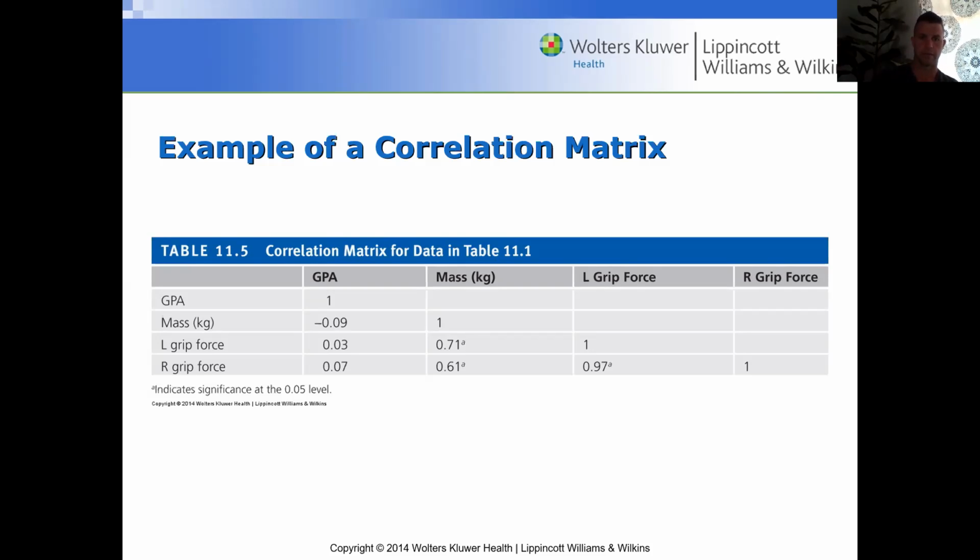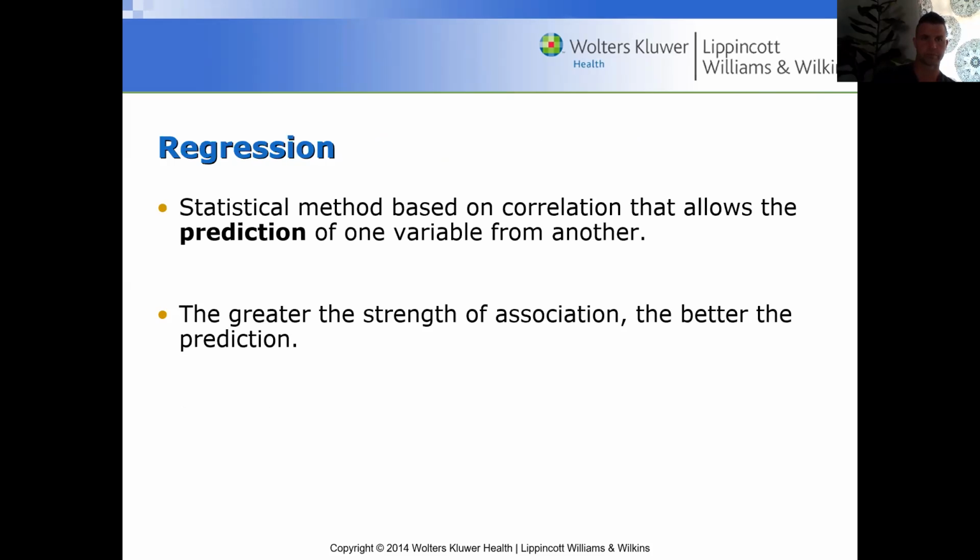The little letter A shows that something was significant at the 0.05 level. Left grip force with mass, right grip force with mass, and left grip force with right grip force all have the little A's. Those were all statistically significant data points.